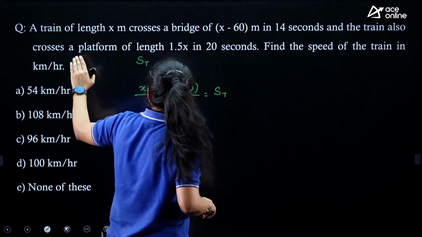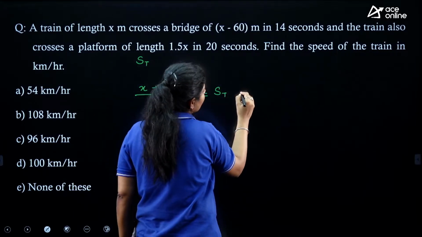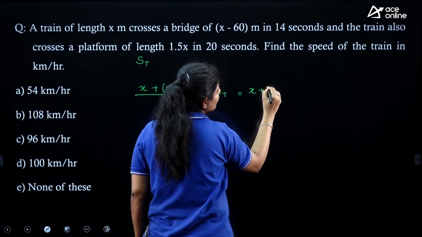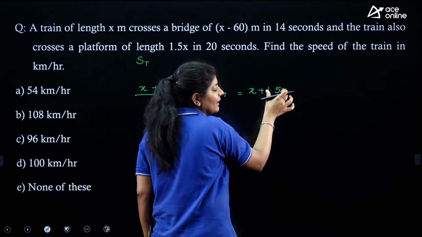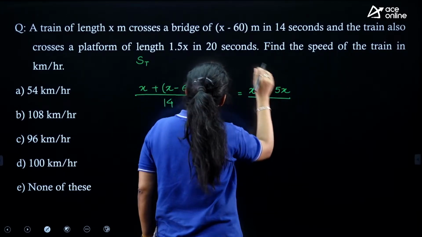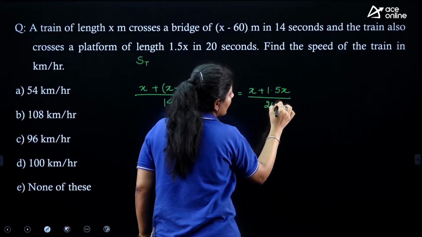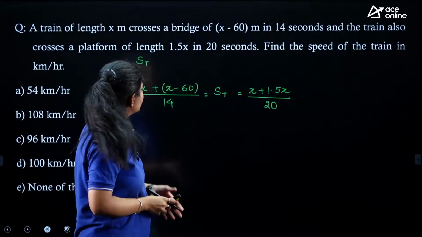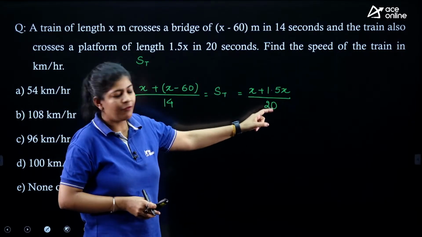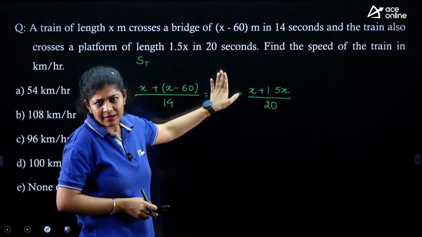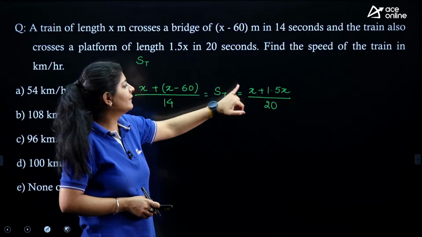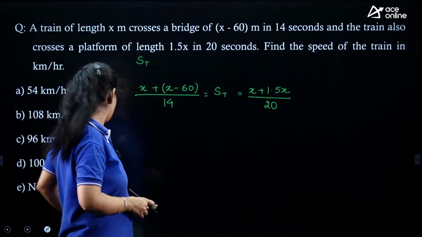Now, for the same train, there's one more thing given. The train also crosses a platform of length 1.5x, that means x plus 1.5x, the length of the train and the length of the platform, in 20 seconds. So first we need to determine the value of x. As both are equal to ST, we can remove it and calculate the value of x.